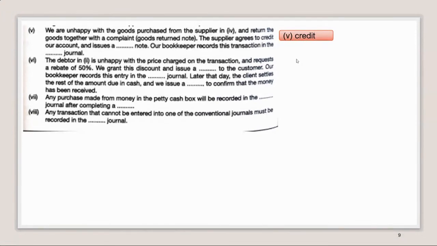Okay, so let me explain the two different journals, what they were for. So debtors journal is to capture credit sales to customers. Okay, so it's sales of goods and services. Creditors allowance is to capture purchases previously done on credit that was returned or a rebate was received.